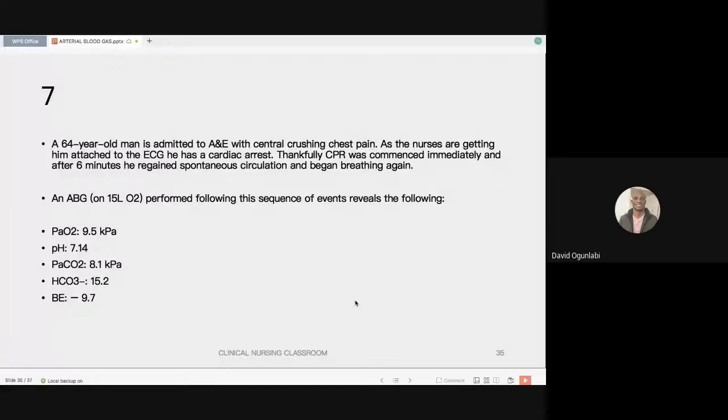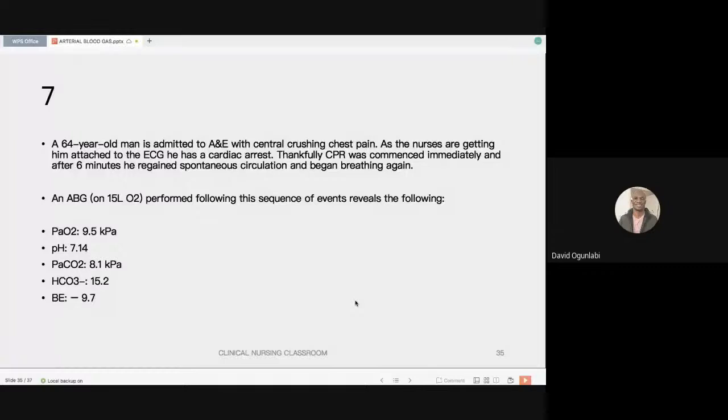A 64-year-old man is admitted to A&E with central crushing chest pain. As the nurses are getting him attached to the ECG, he has a cardiac arrest. Thankfully, CPR was commenced immediately, and after 6 minutes, he regained spontaneous circulation and began breathing again. Now, an ABG was performed.